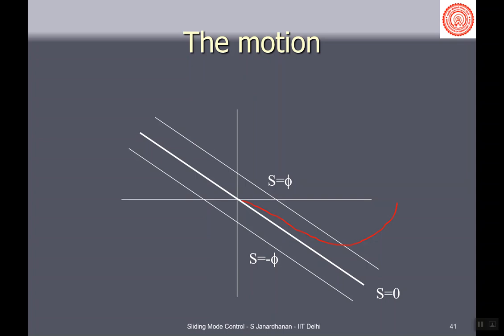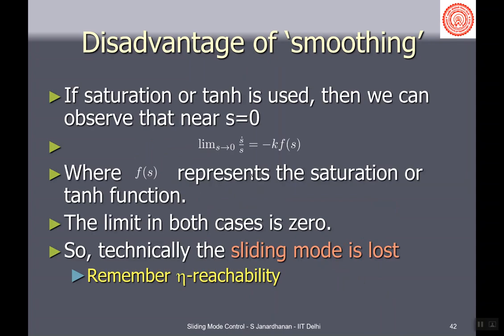But let's take a step back. You started with a linear system; the original system was a linear time invariant system. What we are introducing is either a signum term, which leads to chattering, or, to handle that, the saturation or the tan hyperbolic function, with no chattering.